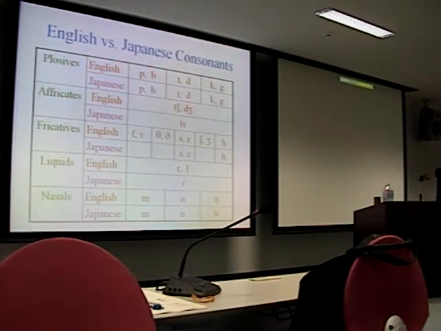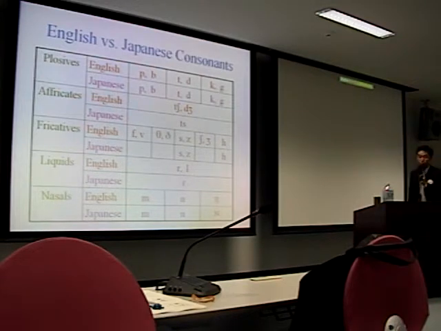And also, as for fricatives, English has 9 fricatives, but Japanese has only 3 fricatives. Korean also has only 3 fricatives, which means that both Koreans and Japanese have great difficulty in pronouncing English fricatives correctly.